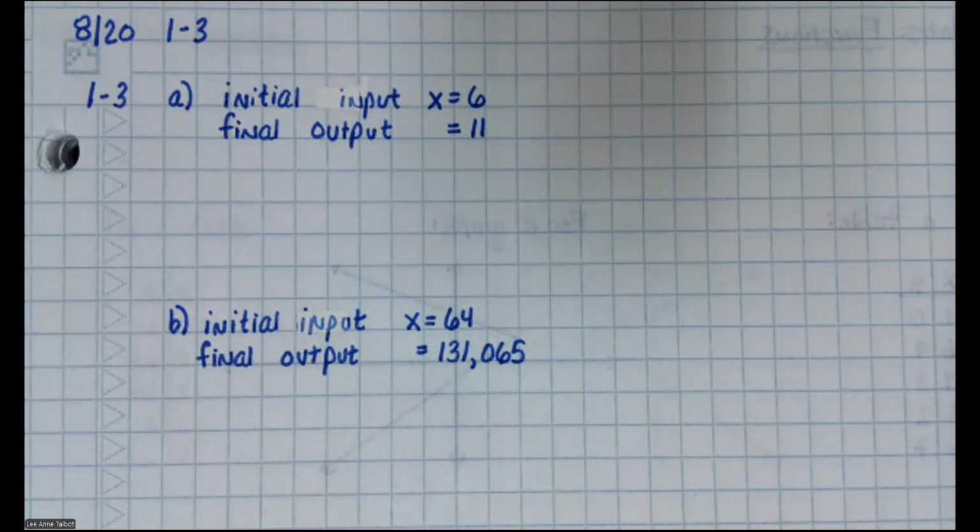While you guys are setting this up in your notebook, I am going to bring your group 4 function machine. If you guys need graph paper, there's some on the table right here under the window.